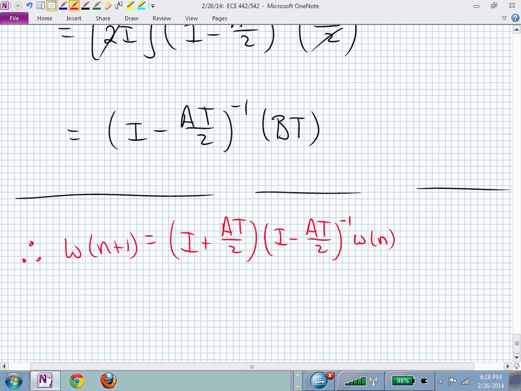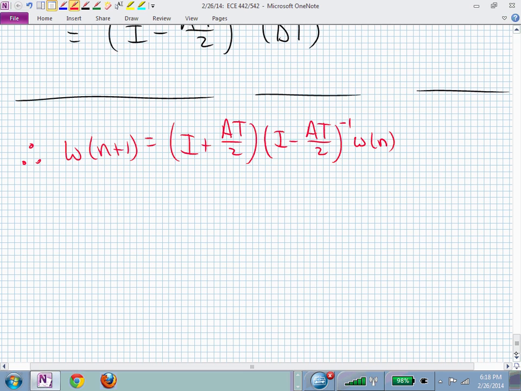Is that okay? Plus what we just derived, except now we divide that by the square root of T, so we now have B times the square root of T E of n. And this should have been an inverse.